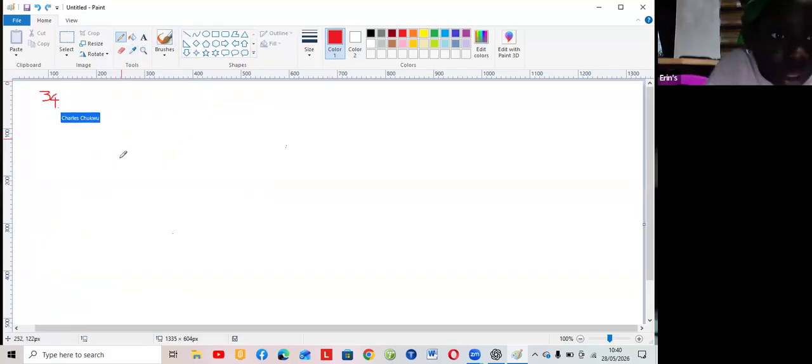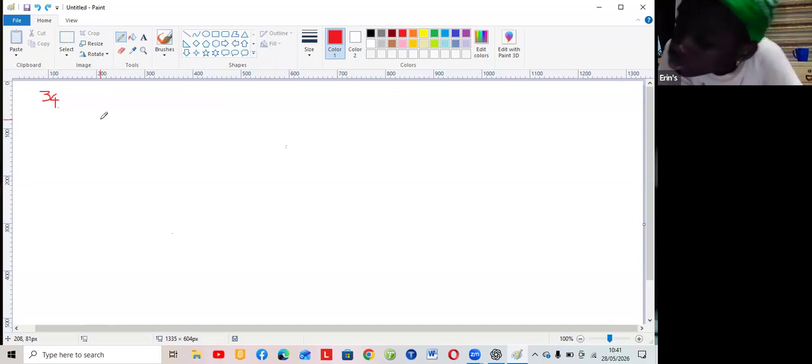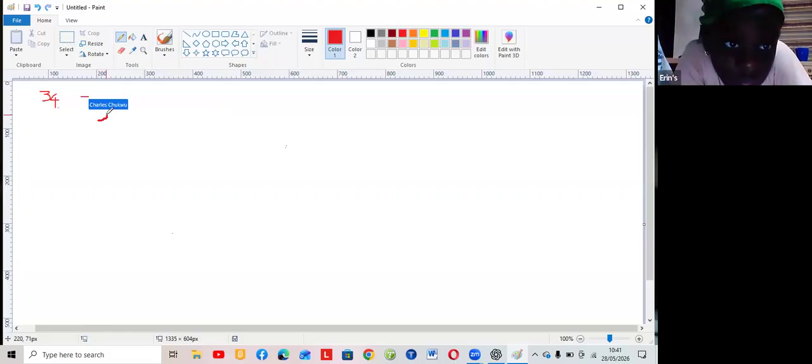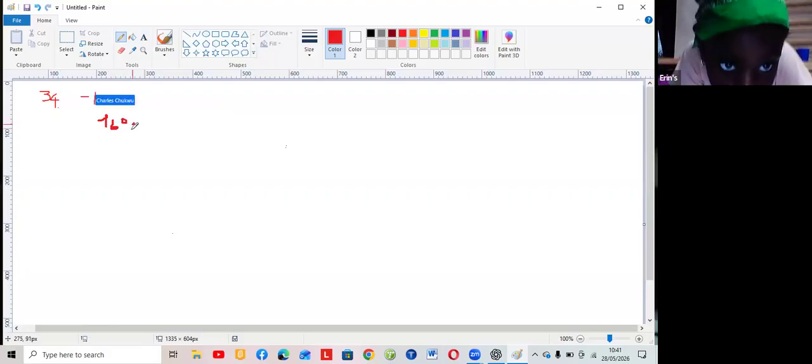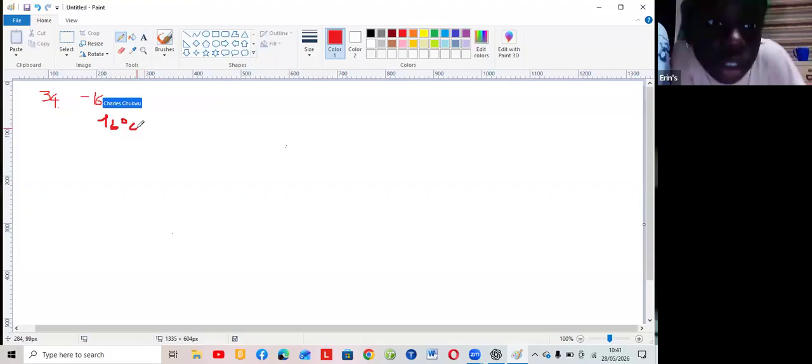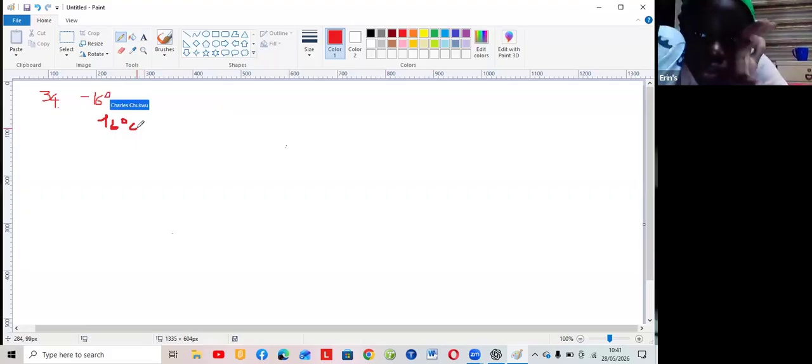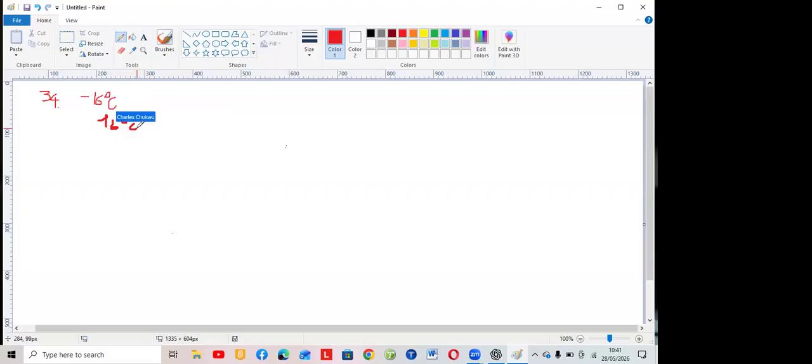It says the temperature of an object was taken and the thermometer read minus 16 degrees Celsius. What does it mean? That means it's freezing. Yes, I agree.